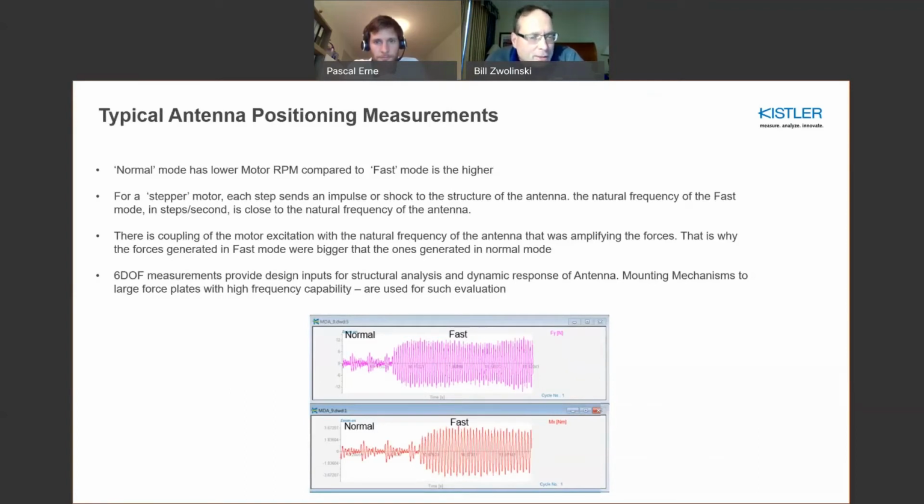Obviously, the antennas are being designed for low mass, so there's for sure compromises being made in terms of the structural design as well. So these types of inputs are invaluable to help characterize new designs, existing designs, and reasons for improvement if need be. So certainly positioning systems are definitely being evaluated in the same manner.